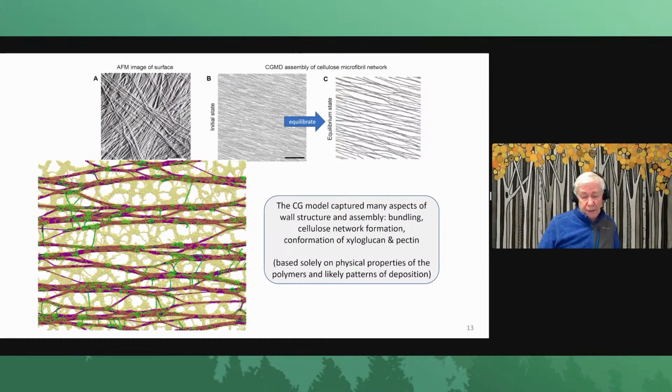So we're not fixing things to get a result. We put in the parameters based upon values from the literature and set this up, and presto, we get a model that resembles, in many respects, the actual cell wall.